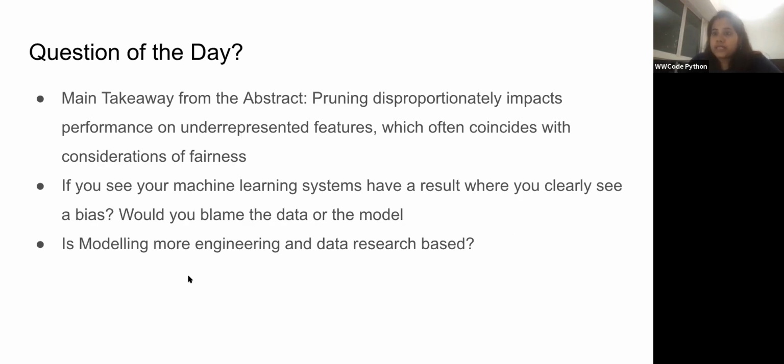What in short it means is that oftentimes when you compress models, there are certain features of the data which are not talked about at all, and which end up being disproportionately affected or end up having a bias in them. So that is something this paper specifically looks into. What happens to these features? They're going to pick a very interesting data set and look into some of these features.